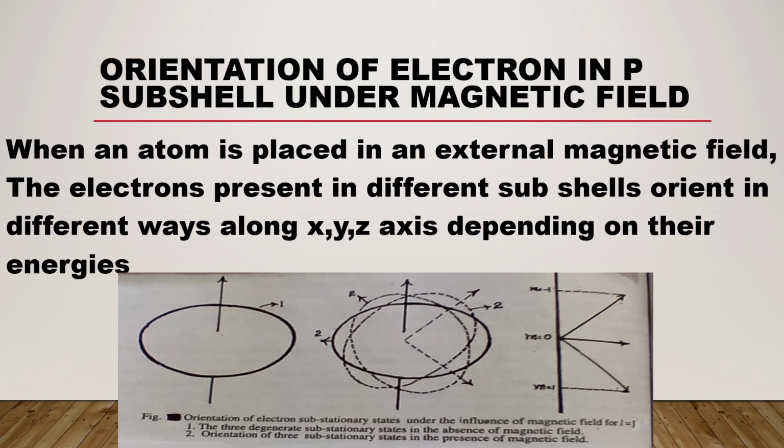First one is the 3 degenerate suborbitals in the absence of magnetic field. Second one is the orientation of 3 suborbitals in the presence of magnetic field. Third one, ml values for p orbital, that is minus 1, 0, 1.